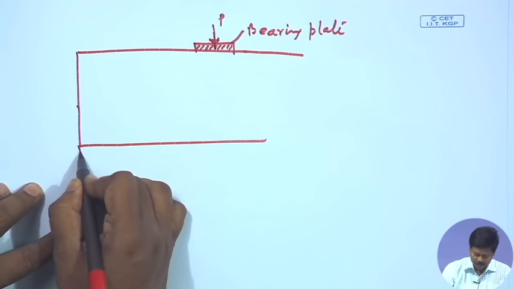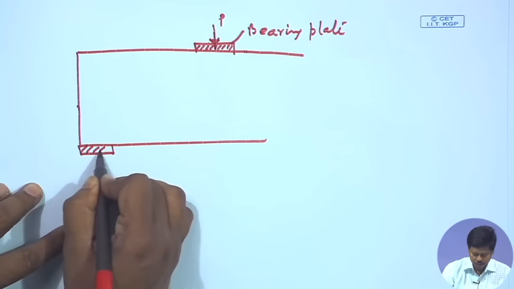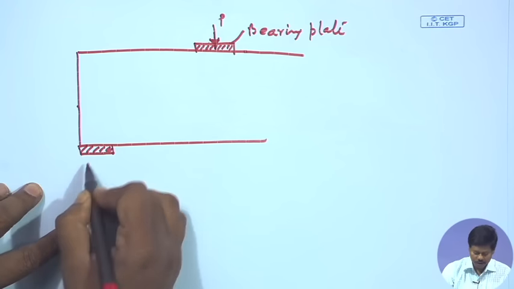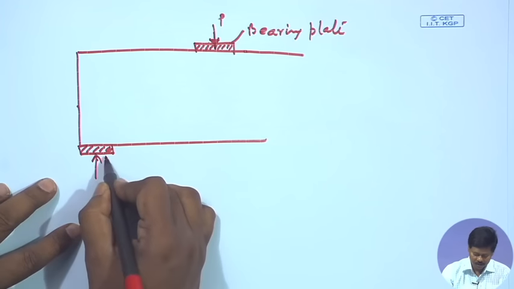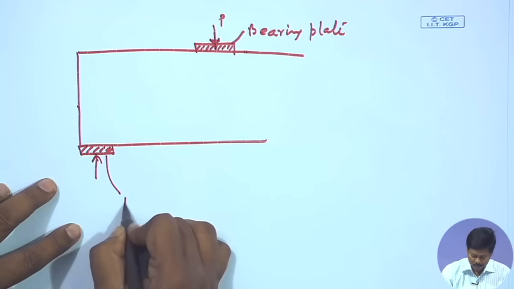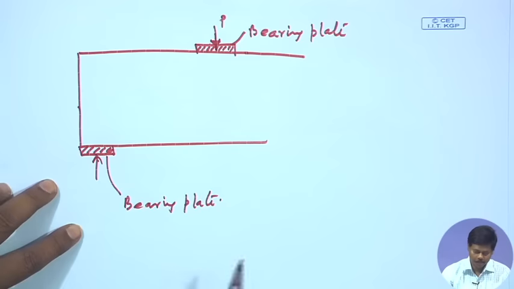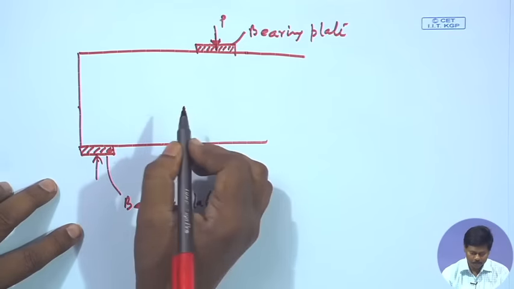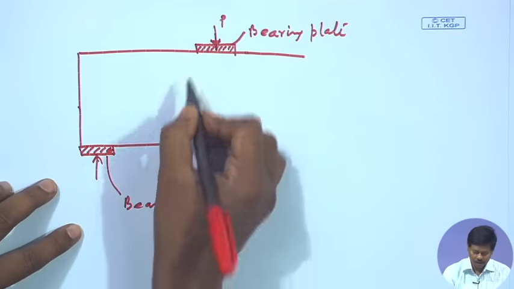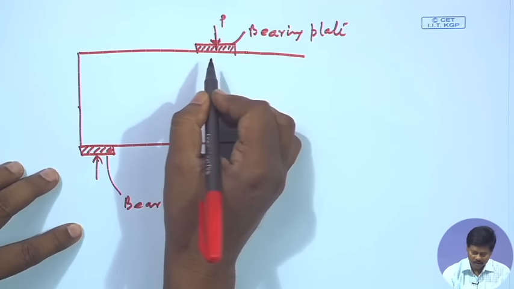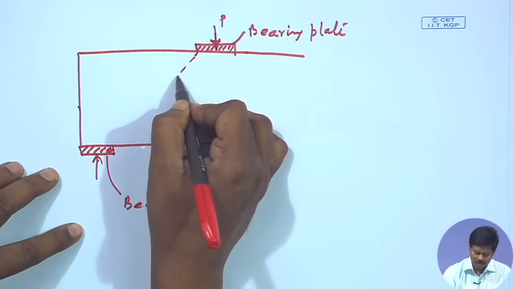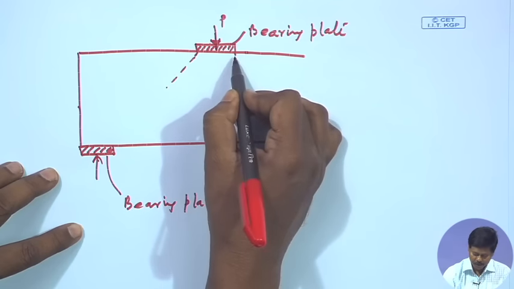Now, if we have a support here, then also there is a chance of web buckling here because of the reaction at the support. So, here also we need to provide bearing plate, and below the concentrated load, if we provide the bearing plate, then the load will be dispersed at 45 degree angle.